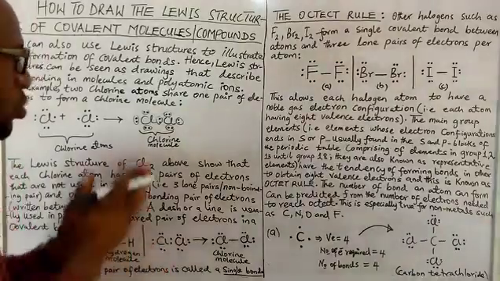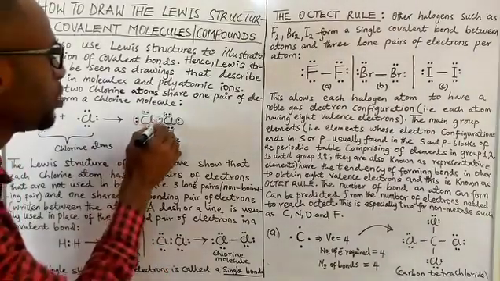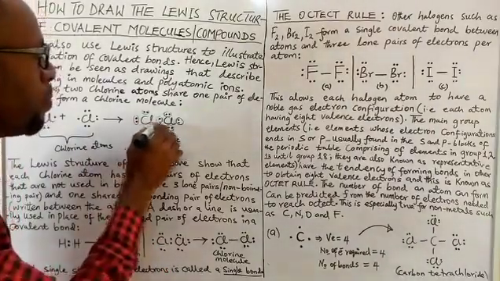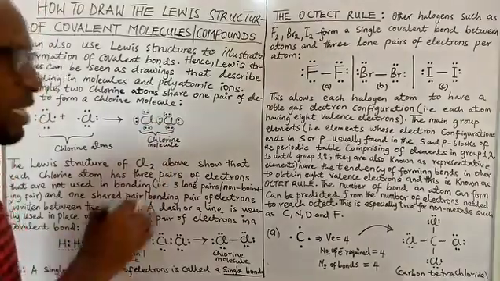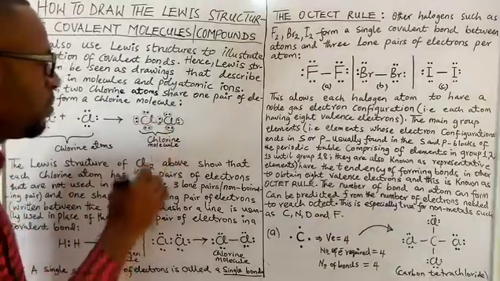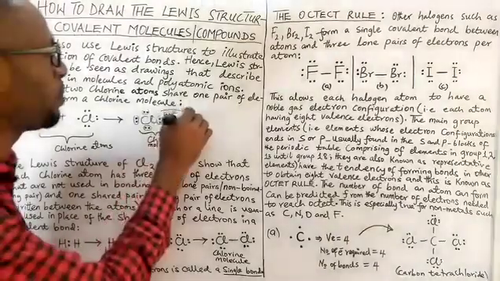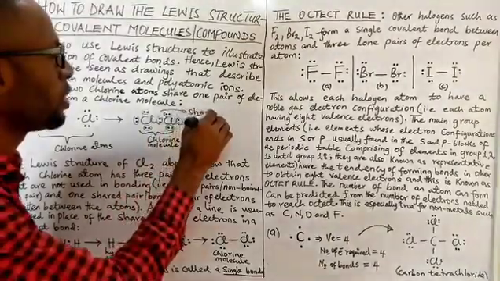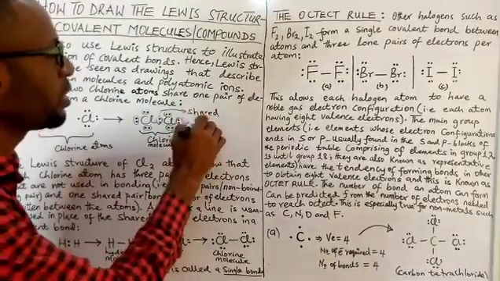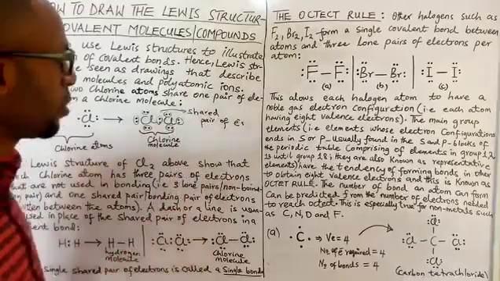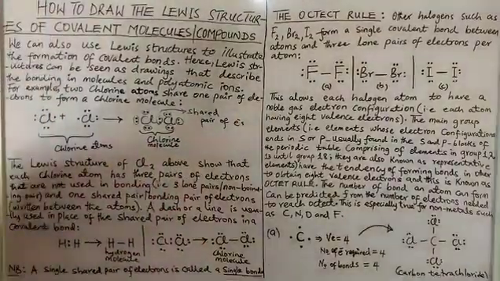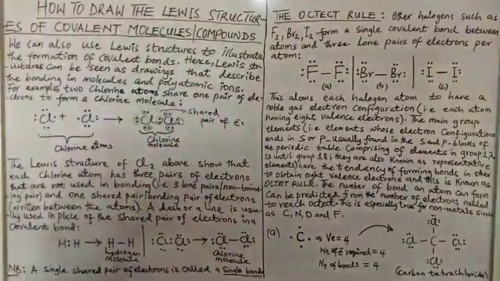Okay? So the 2 electrons bonding the 2 atoms in that molecule are called the shared pair, or you call it the bonding pair. Shared pair of electrons, or bonding pair of electrons. Nice.